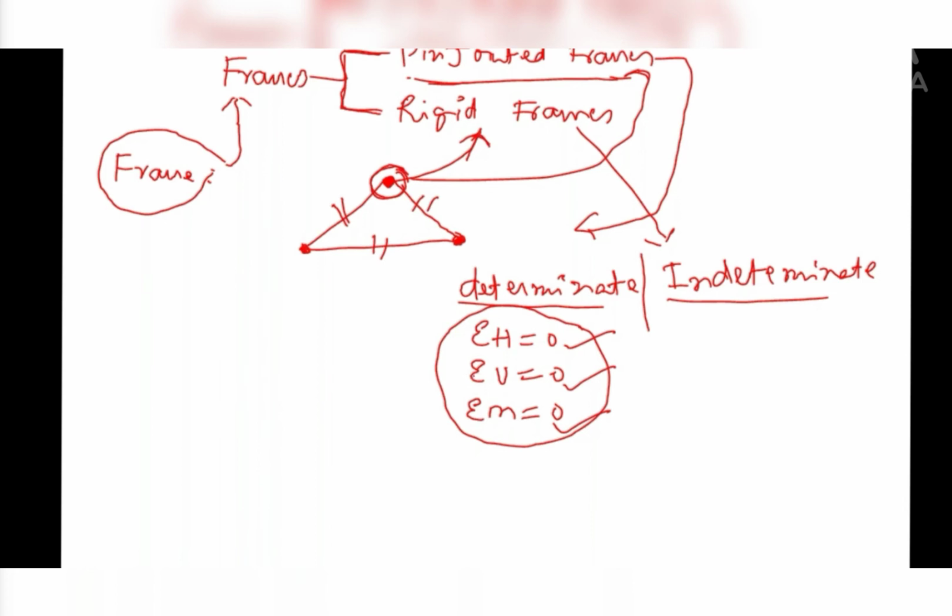Only three unknowns. If a structure or a frame has more than three unknowns, these three equilibrium equations are not sufficient to solve that frame or structure. So we will call that an indeterminate structure.